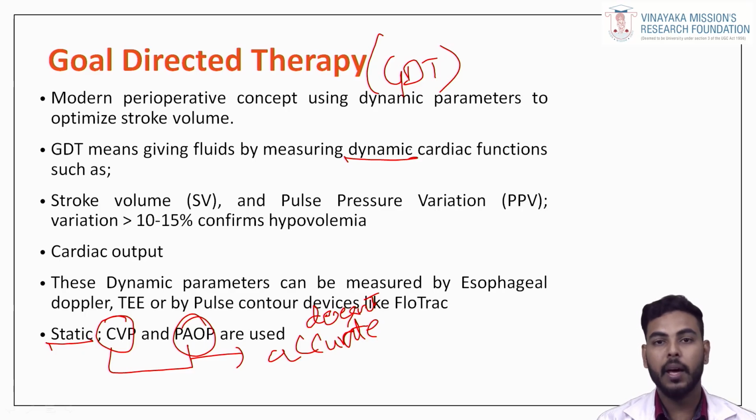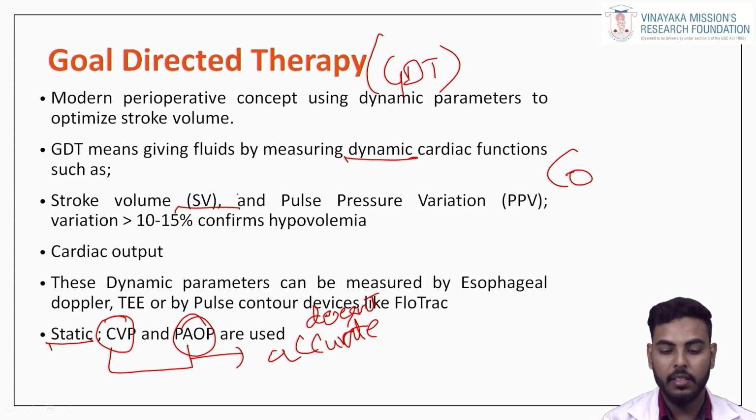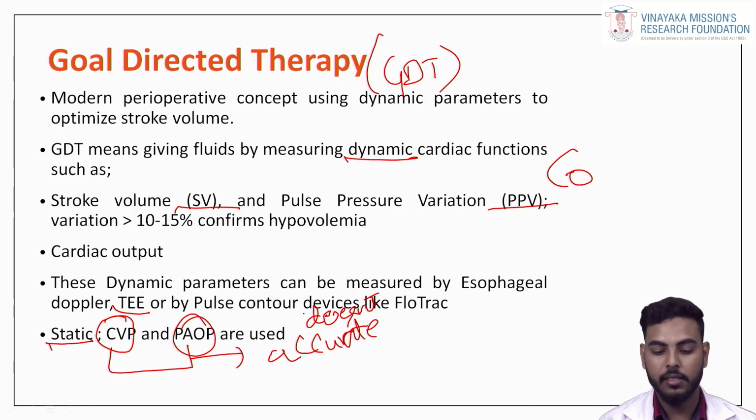While coming to dynamic parameters, this is the ongoing process where we use cardiac output monitors and different parameters such as SVV, that is stroke volume variation, pulse pressure variation, and transesophageal echocardiography, and pulse contour devices like FloTrac. These measure the cardiac output and parameters like pulse pressure variation and stroke volume variation.